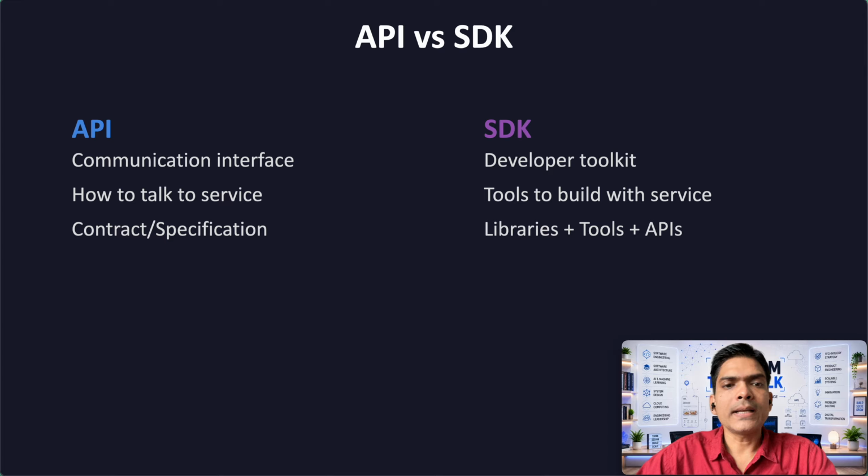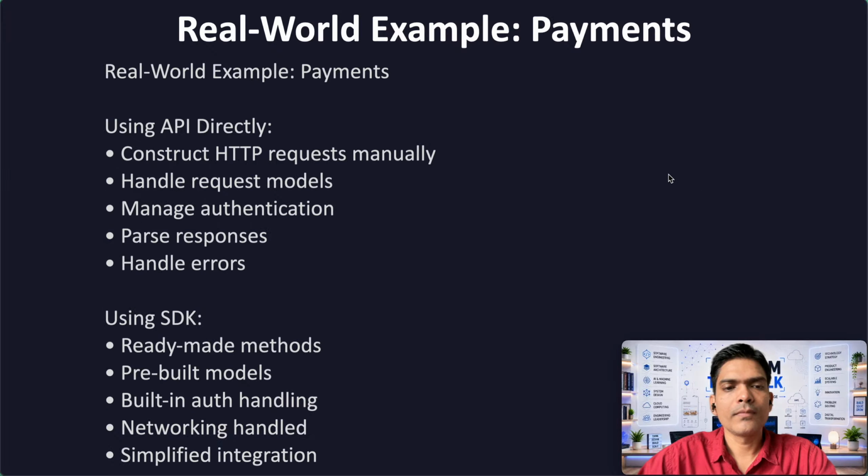So a simple way to remember: API is how do I communicate with the service, and SDK is what tools can help me build the service.